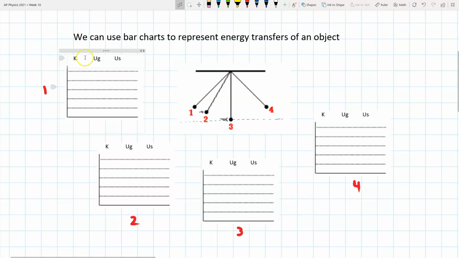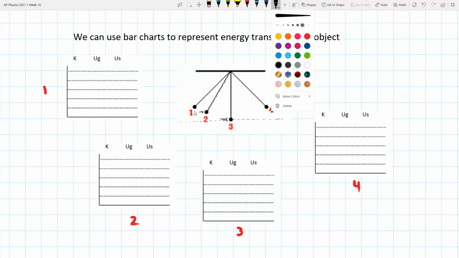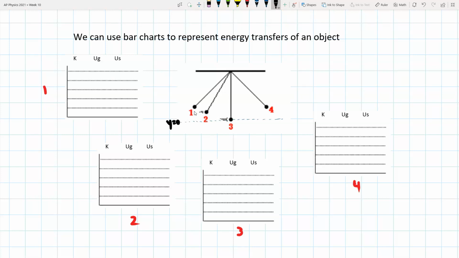One of the best tools we have to keep track of this is the energy bar chart. An energy bar chart looks like so. We have our most common forms of energy up here at the top, and we're going to keep track of the motion of this pendulum. The very first thing that's important is we need to know where y equals 0 is.